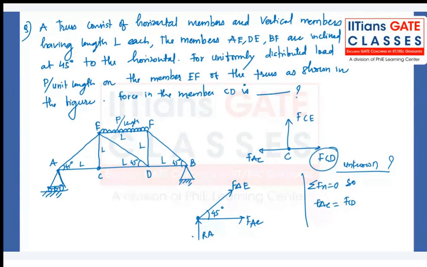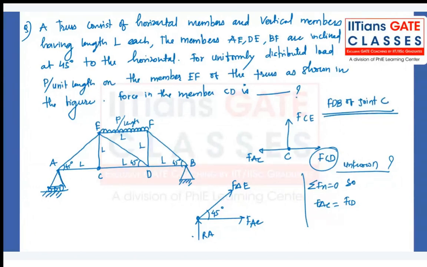We got one question from Dharmesh. Why are we not considering DB? Dharmesh, DB is, let's say, the member passing through joints D and B. Okay, B is not directly connected to C. So I am drawing the free body diagram of joint C. This is the free body diagram of joint C. So you have to consider the forces, or let's say the members, which are connected to that joint, not the other members.